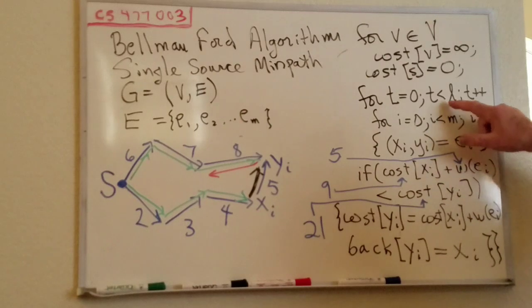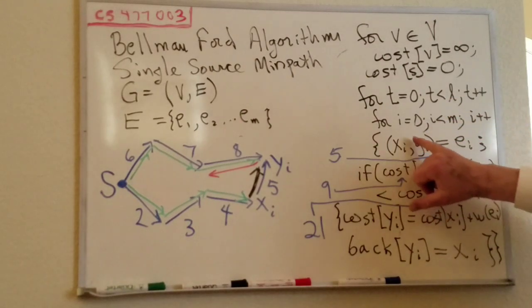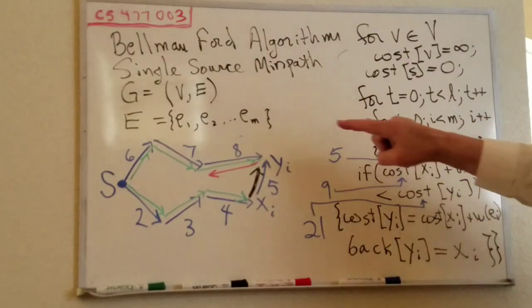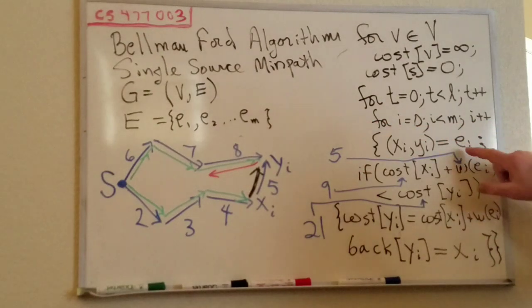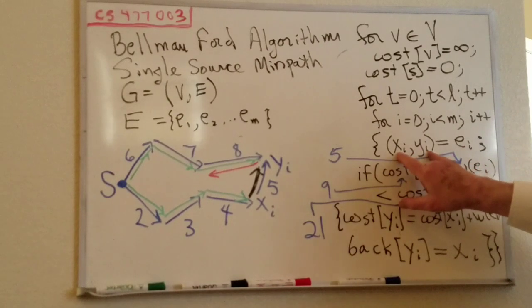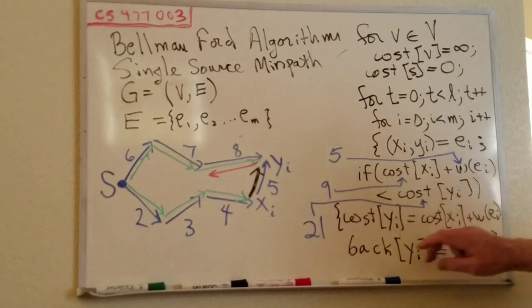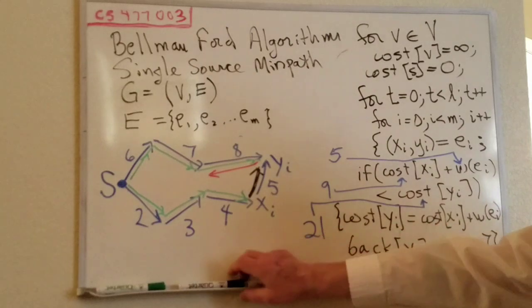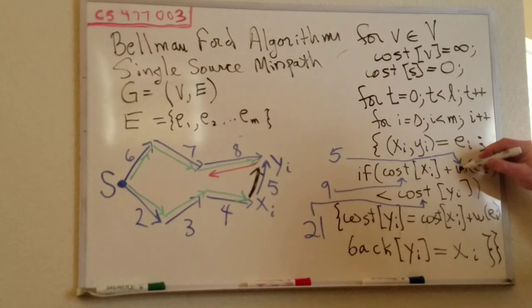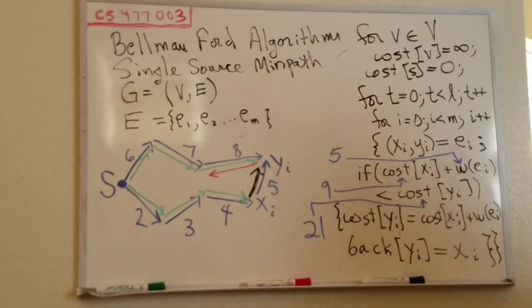All right, so we'll proceed here, and we look at the edges one at a time. Remember, we've numbered the edges, and let's say we have the edge e_i. Now that edge is equal to an ordered pair of vertices x_i and y_i, and that edge will have a weight, which we'll call w_i, the weight of that edge e_i.